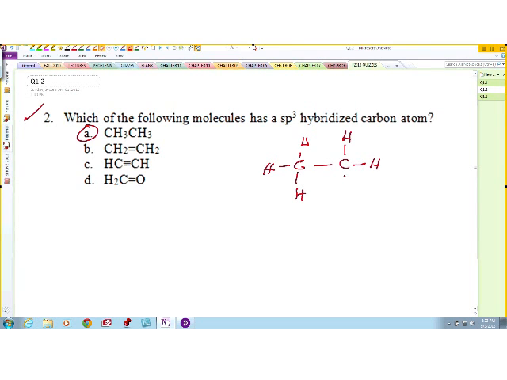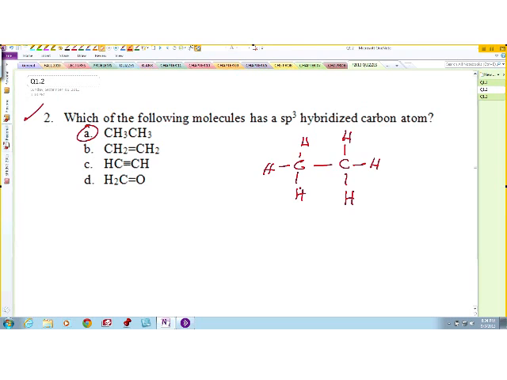So if I just added them around 1 carbon, I got 4, and I made sp3. Almost there, almost there. The carbon is the atom, and it needs to be attached to 4 atoms to be sp3. It's not the bond, it's the actual atom. Excellent. In this case, that is correct.